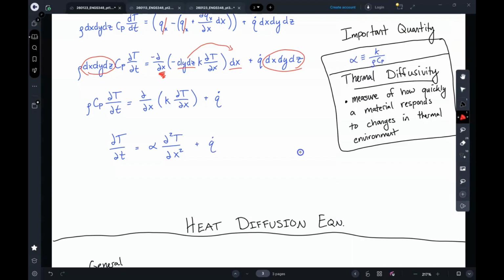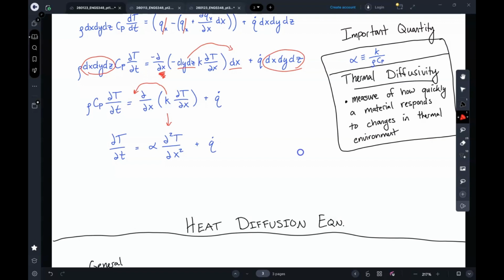One note on this: to do that simplification from this that I showed in that step, we actually are taking K outside of that derivative. That is a reasonable thing to do mathematically sometimes, and it is when K is not dependent on x. What that means is that the thermal conductivity, K, doesn't vary in the material spatially.